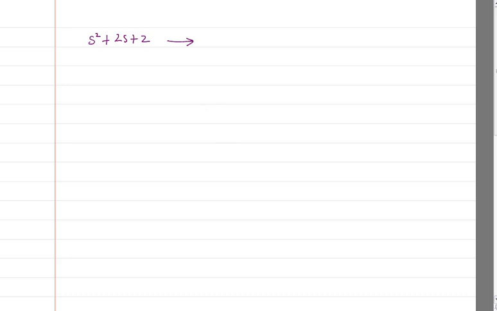You will find that the factors come out to be s equal to minus 1 plus j and minus 1 minus j, which we sometimes write as minus 1 plus minus j, both of them combined together.